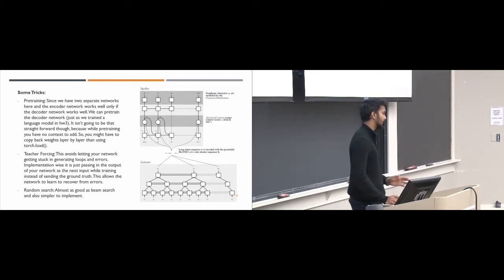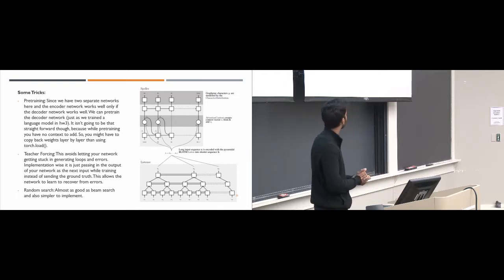So if you do this, what happens is, if your network is generating some wrong words, you also teach the network to recover from those errors, right? Even if you predict one wrong character or one wrong word, you can get back and you can get to the original sequence that you have. You should not be doing it forever, because that would just train the network to produce rubbish. So this would be based on some probability that you decide.